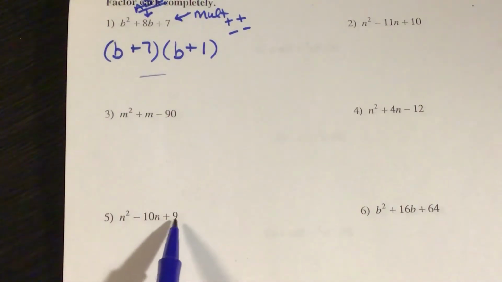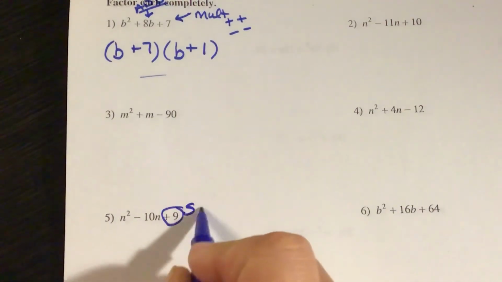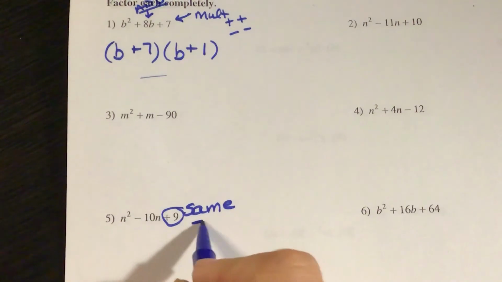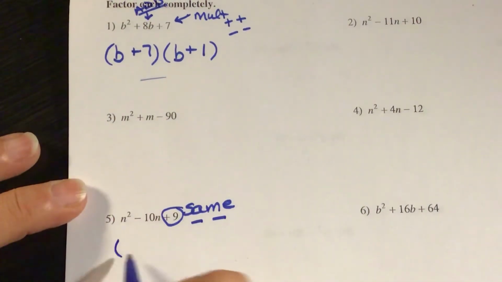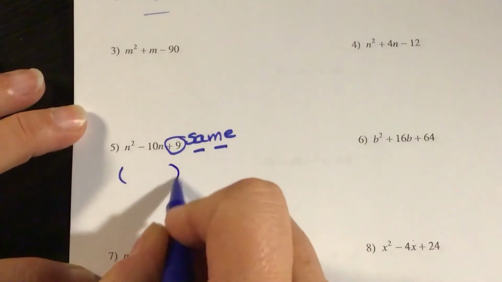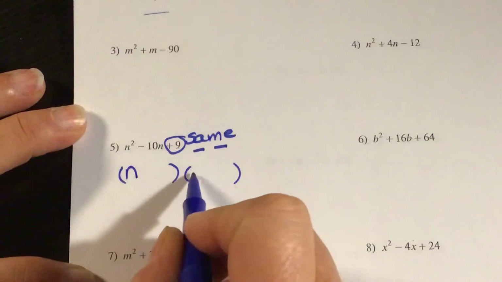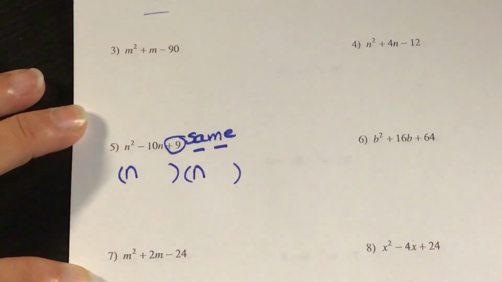When I have a positive at the end, my signs are the same, and they're the same sign as the middle number. So they're going to be negative and negative. When I break this down, I'm going to have two binomials. The first part is going to be an n, because n times n is n squared.